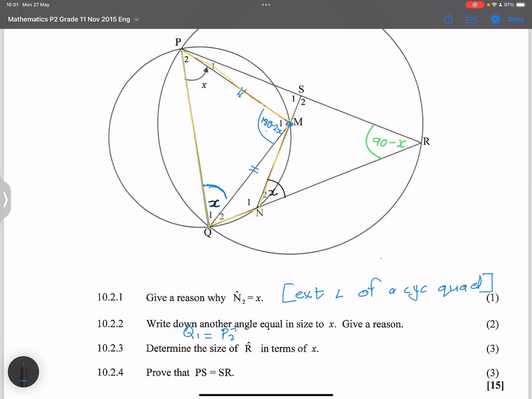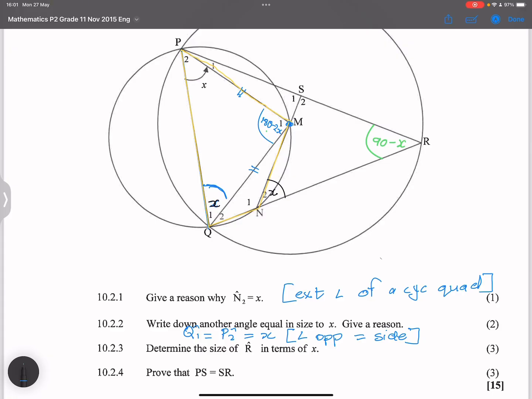Angle Q1 is equal to angle P2, which is equal to x. And we said, why is that? Because these are angles opposite equal sides. And by the way, we do note that MP is equal to MQ because they are radii.